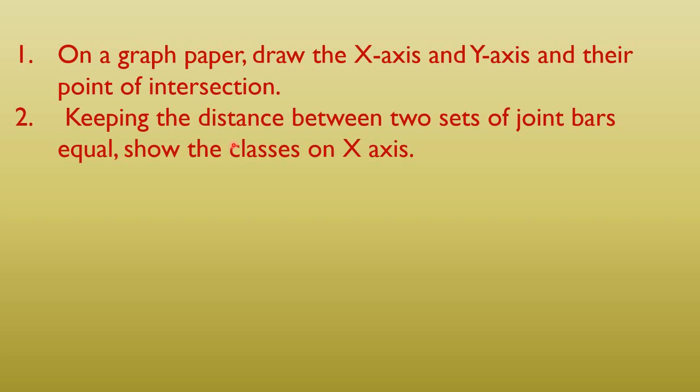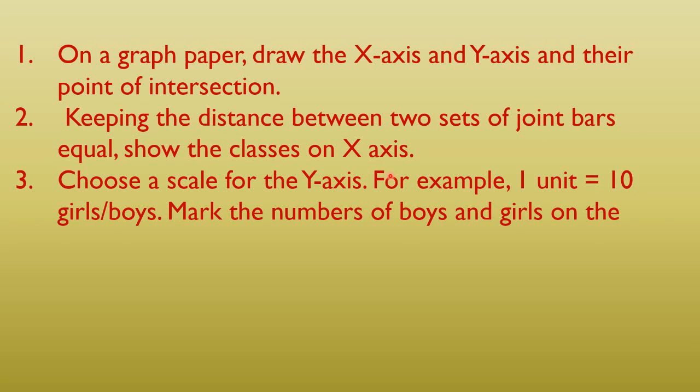Second one is, keeping the distance between two sets of joint bars equal, show the classes on x-axis. Third, choose a scale for y-axis. For example, 1 unit is equal to 10 boys/girls.